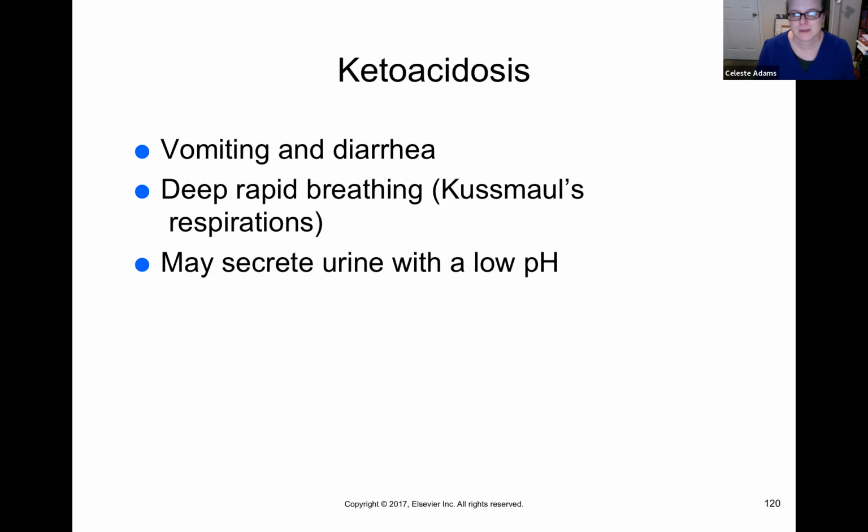And the low pH is also going to be acidotic because of the lungs kicking in, the Kussmaul's respirations bringing in all this CO2 into the body to buffer the system with the low bicarb. So you may have a lower, more acidic pH because of the breathing in ketoacidosis.